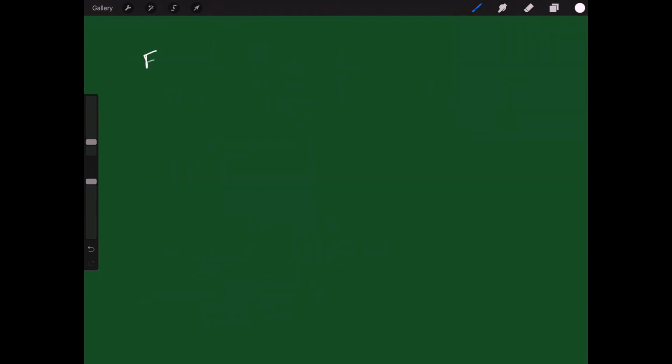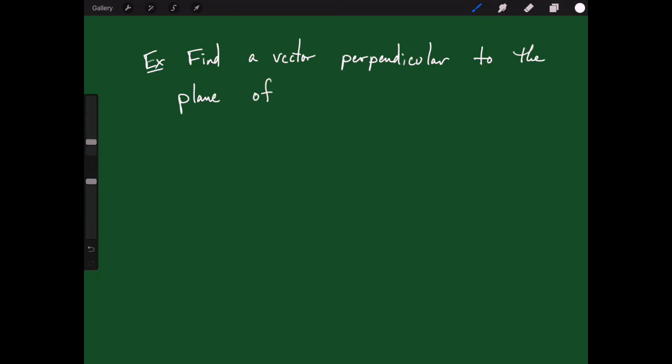So, example, let's find a vector perpendicular to the plane of these 3 points.